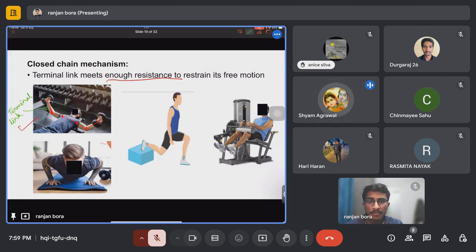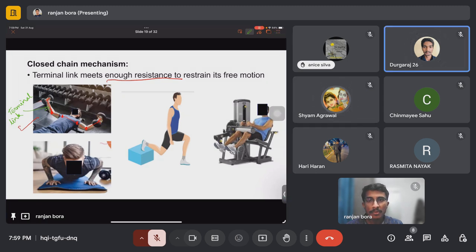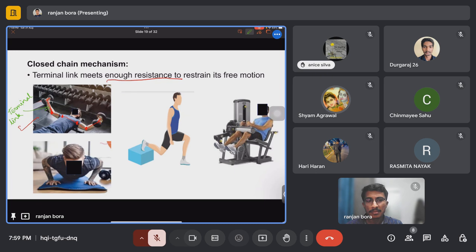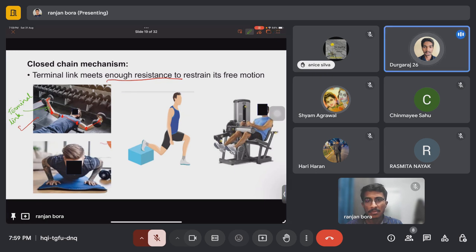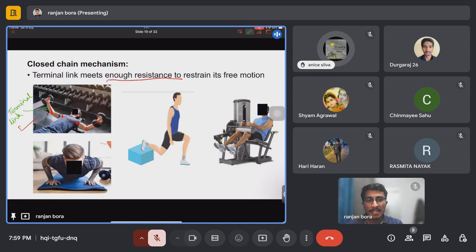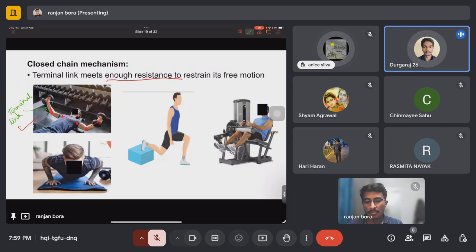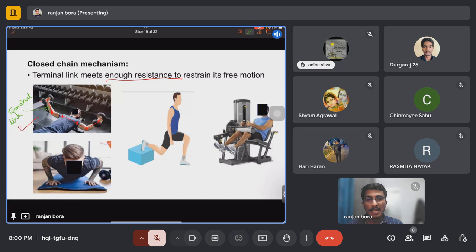How is it constrained? The terminal link will not move, there is no joint, right? Sorry, is the terminal link free to move, or is it constrained by some other force? I am not saying terminal joint, the terminal link, this one.